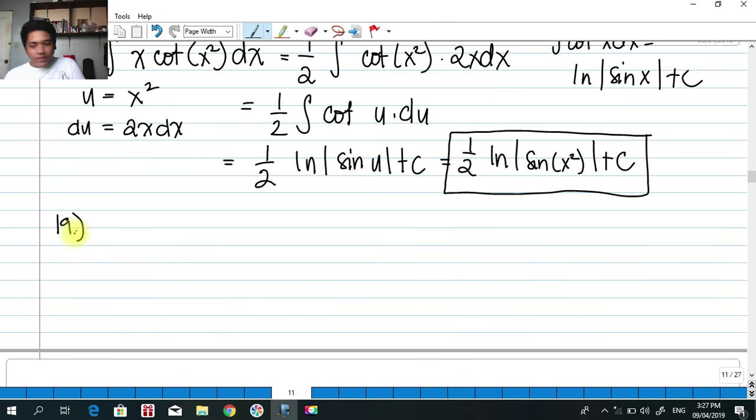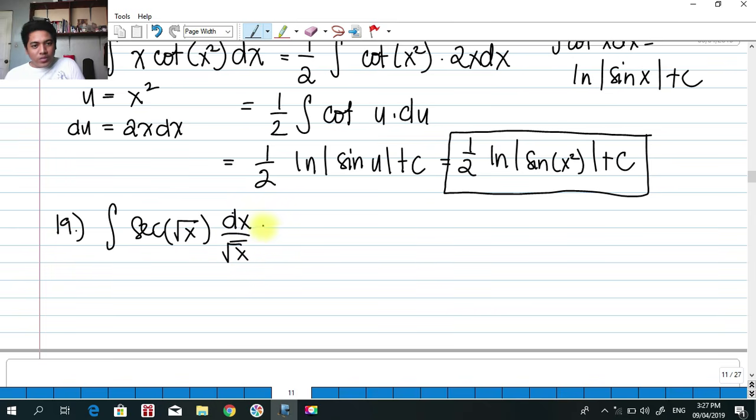So for number 19, we have to get the integral of the secant of the square root of x times dx over square root of x. Let us take note that we cannot cancel these two because this is in function of secant and this is just square root of x.